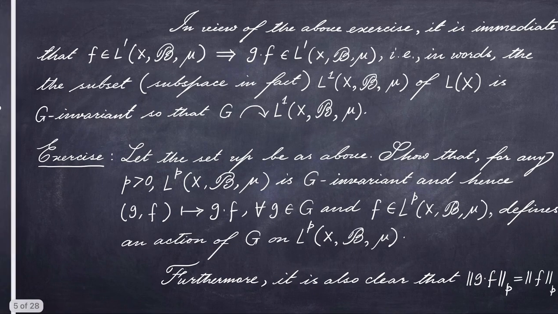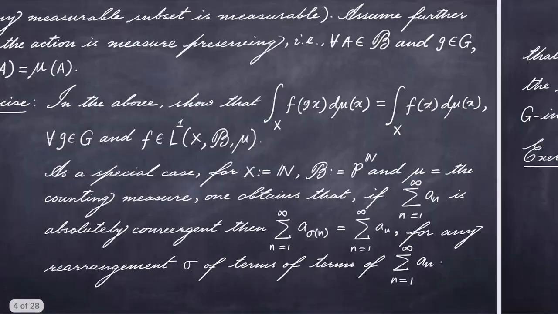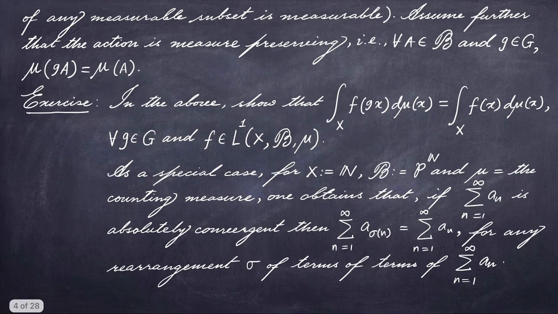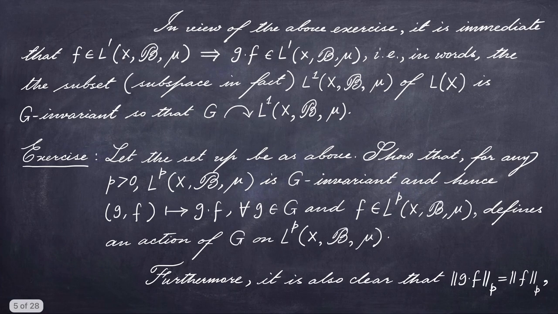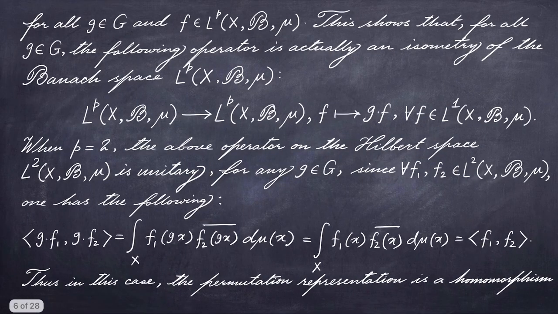Let me quickly summarize what we have discussed so far. From the measure preserving action of G on X, we obtain the action of G on every LP. LP is a Banach space, and for each g, the operator on LP that it yields is a linear operator preserving the norm, hence it's an isometry.